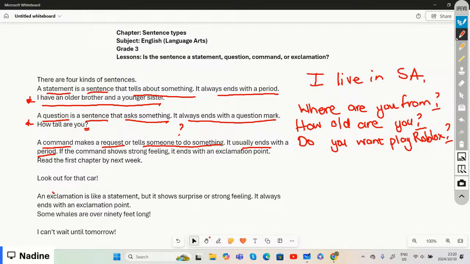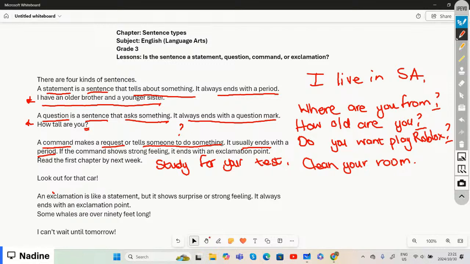Study for your test. Period. Clean your room. Period. Right?